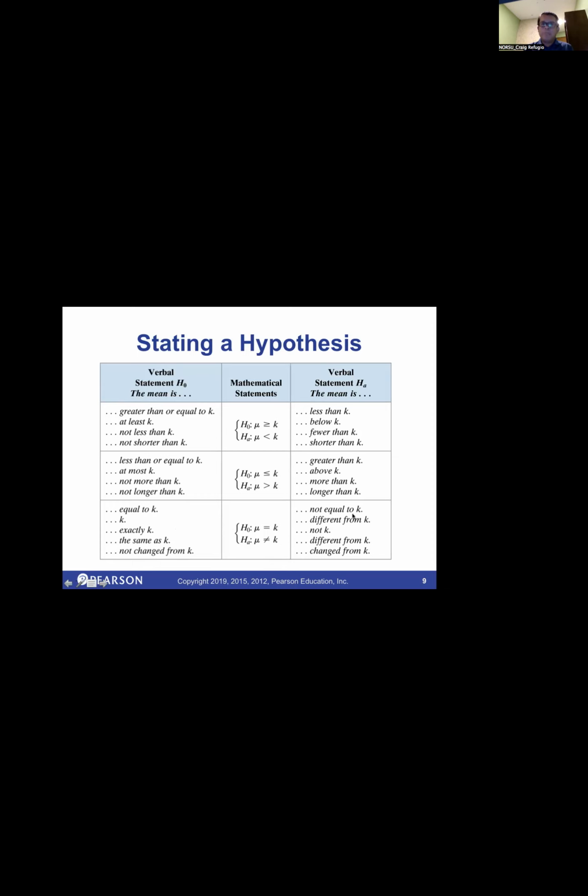Not equal to K, different from K, not K, or change from K. So that's the set of possibilities in terms of verbal statements for the alternative hypothesis.